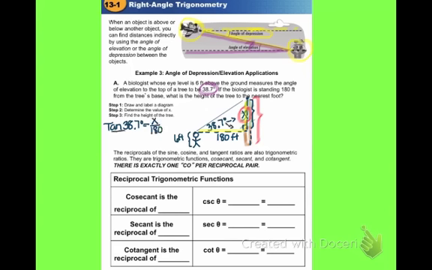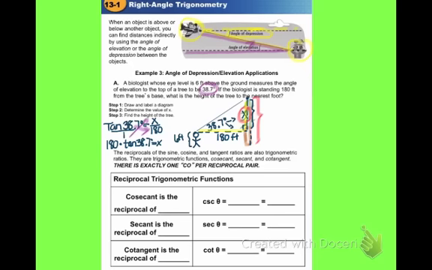So I put the tangent of 38.7 degrees over 1, and I can solve this using cross products, just like the last problem. I'm going to multiply 180 by the tangent of 38.7 degrees, and that's going to equal x.